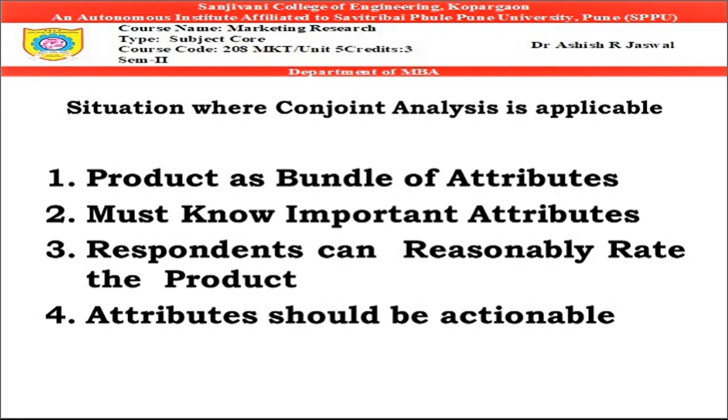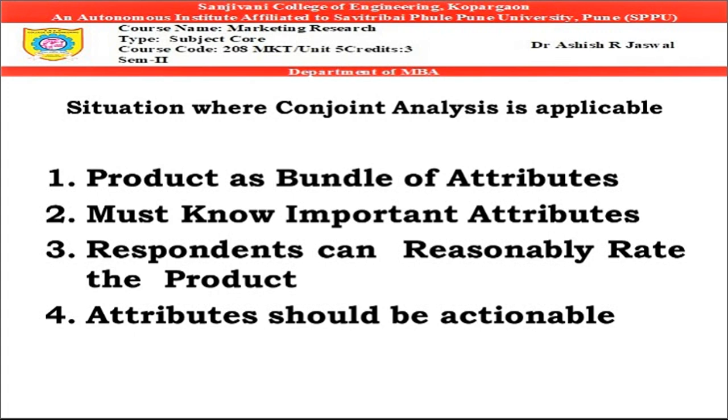Third, respondents can reasonably rate the product. Here, it brings one thing absolutely clear, that the input data we require from the respondents are overall preferences or purchase likelihood judgments. So, this requires a level of respondents' familiarity with the product category.